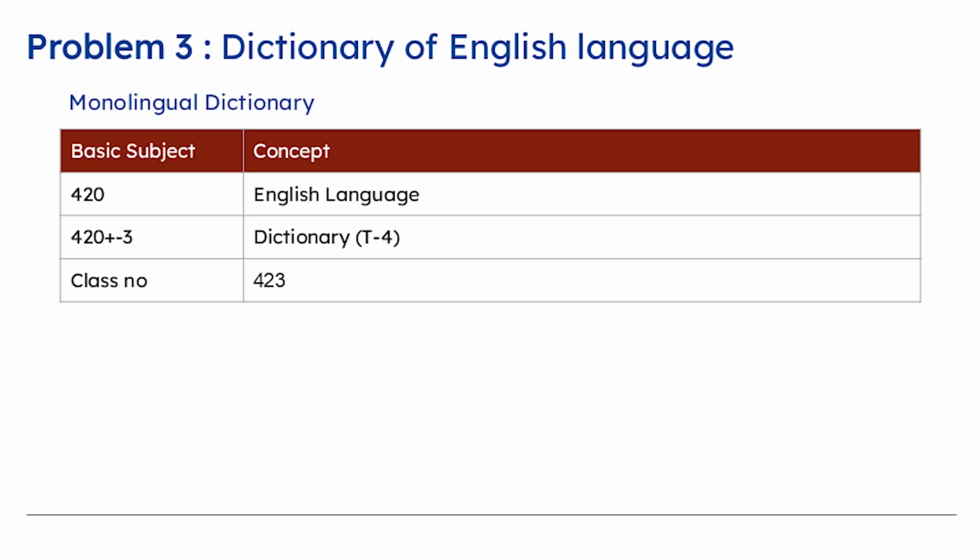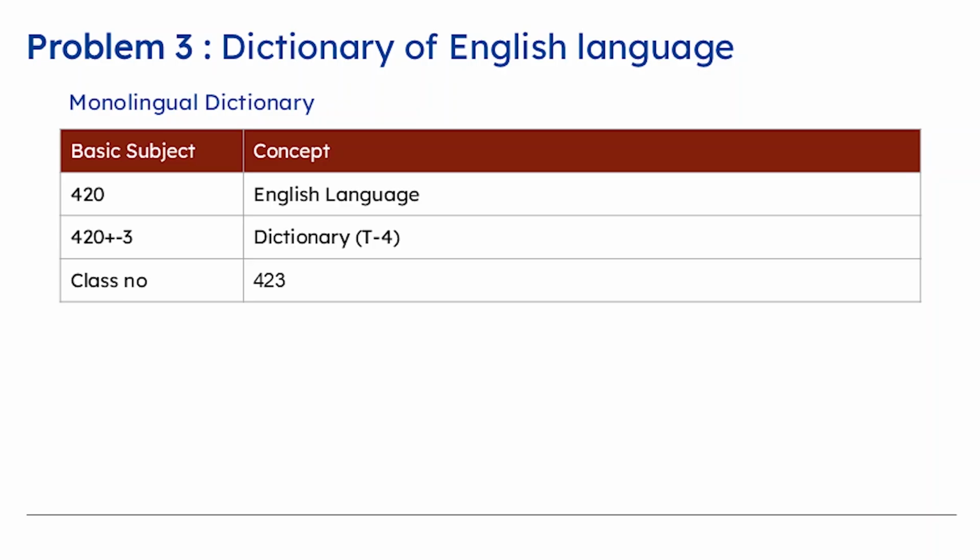So we will add 3 with 420. Then we will find the class number as 4, 2, and where 0 is there, the 3 will be put over there. So 4, 2, 3, a 3-digit number will have to be prepared, and the number is shifted to the left side. That's why we obtain 4, 2, 3.